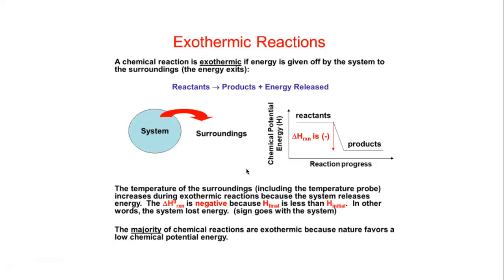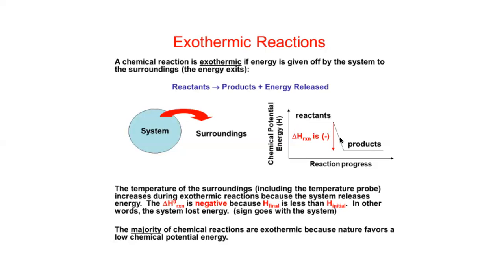And we won't get into this graph in detail, but you can see that this happens when the energy of the reactants is higher than the energy of the products. So here we're showing this graph. This is the potential energy, and this is the reaction progress. Because the reactants have a higher energy than the products, you're going to release this difference, or delta H, that is in the middle.